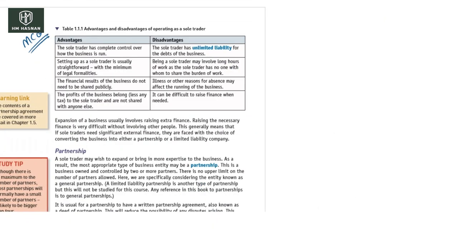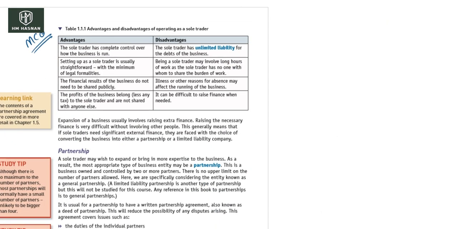Sole trader investment, decisions, income and revenue are going to be private. They don't need to share the private information with the public. So it's a benefit of a sole trader. The profit of the business belongs, less any taxes, to the sole trader and is not shared with anyone. The entire profit belongs to the sole trader himself.